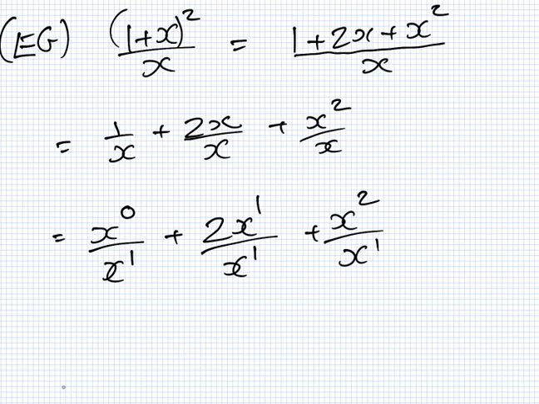You see what I did? Yeah. Which is x to the power minus 1 plus 2x to the power, what should I put here? 0, plus x to the power 1. So that's what they wanted here, to write it as powers of x.